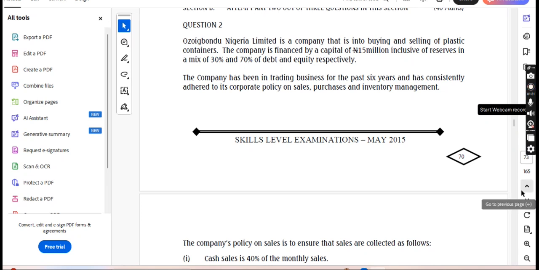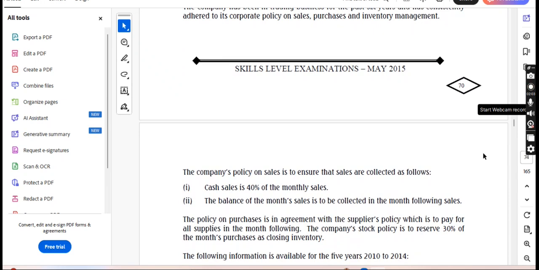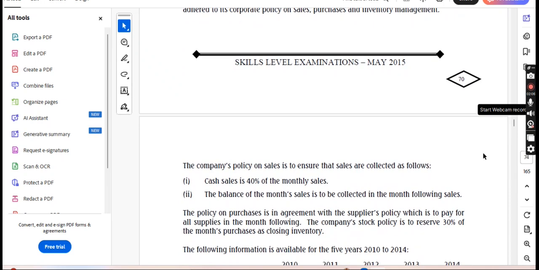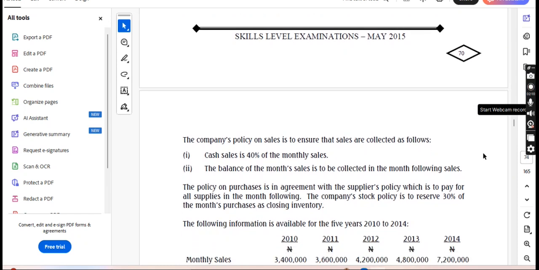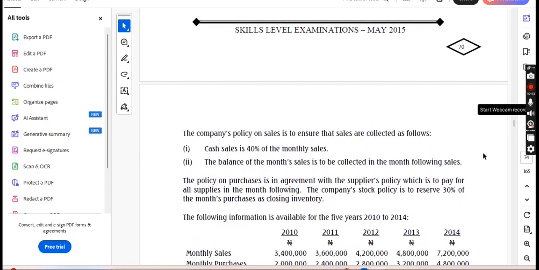Now, the company has been in trading business for the past 6 years and has consistently adhered to its corporate policy on sales, purchases and inventory management. The company's policy on sales is to ensure that sales are collected as follows. Cash sales is 40% of the month sales.